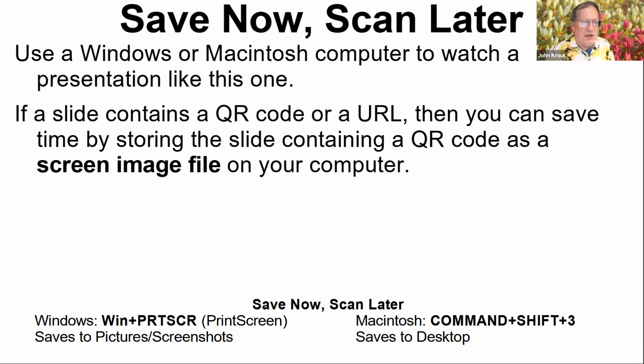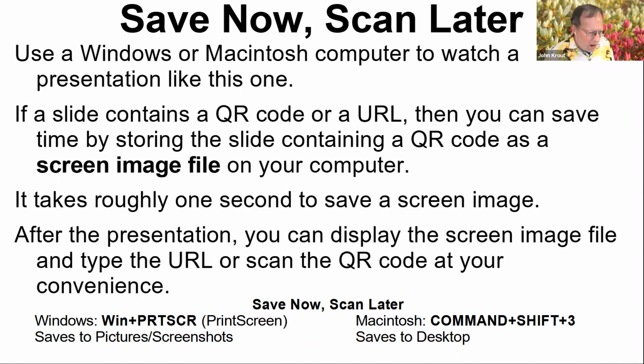I call this technique save now, scan later, because I recommend it for QR codes and presentations, but you can save a URL, for instance, or anything else that you think is valuable to you. I have one member of my club here in Northern Virginia who saves every slide of every presentation. He just feels that gives him the best access and reinforcement of the information for his personal use.